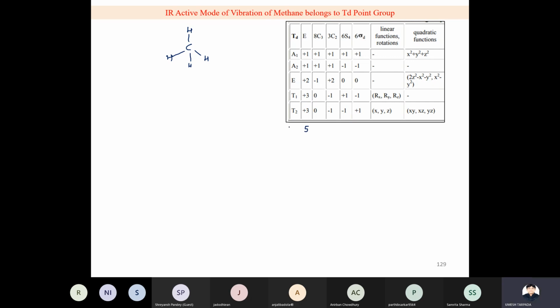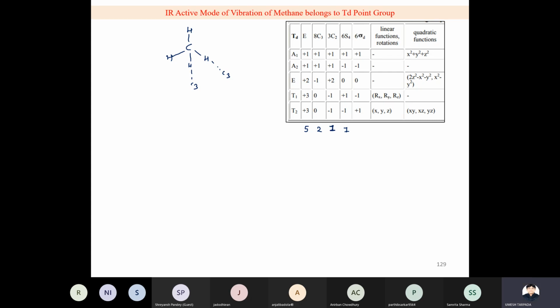For C3, how many C3 are there? 4 C3. Each C3 passes through 2 atoms, so 2 atoms remain unshifted. The C2 axis is in between, passing through carbon, so 1 atom remains unshifted. Again, S4 means rotation by 90 degrees, that is taking the C4 axis followed by reflection, and it again passes through 1 atom, because we have already seen S4 in tetrahedral geometry.